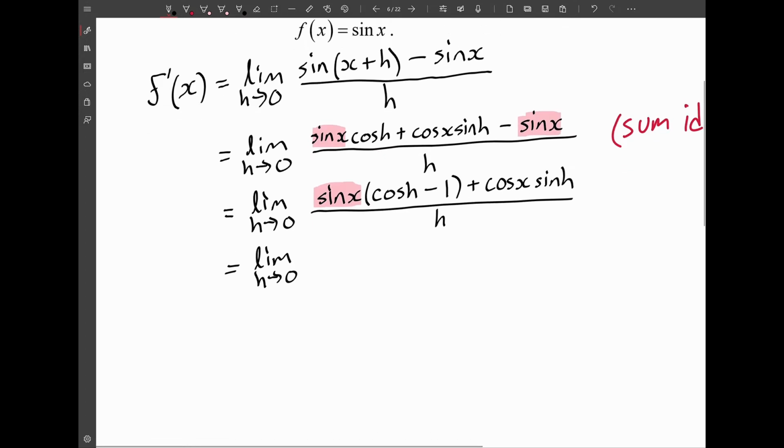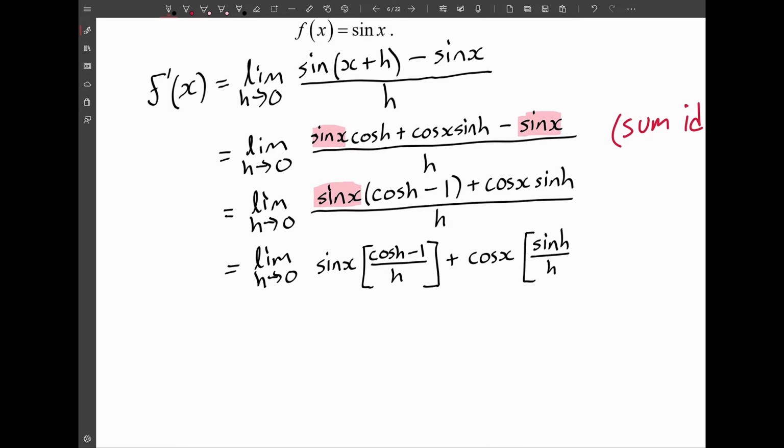All right. Next thing I'm going to do is split this thing up a little bit. So I'm going to pull that sine x out front. And what that leaves me with is cosine of h minus 1 all over h. And then I'm going to factor out the cosine of x out of that second term there. And that's just going to leave me with sine h over h. So just factoring those things out.